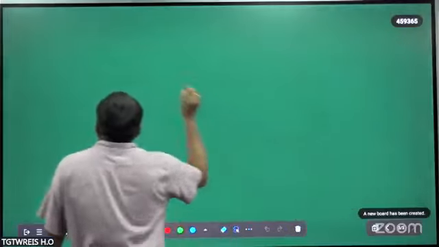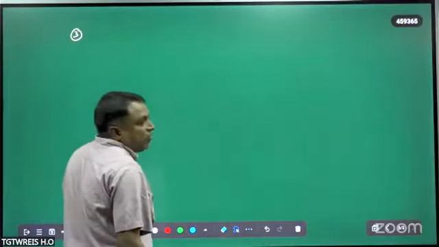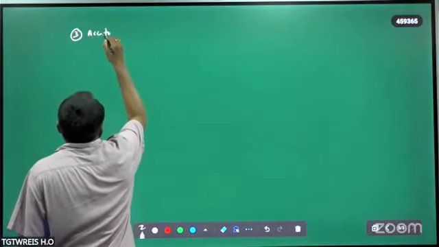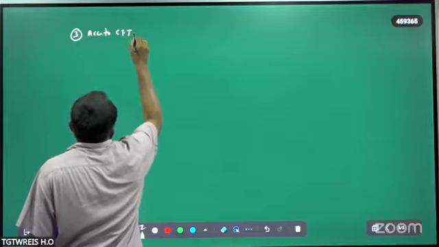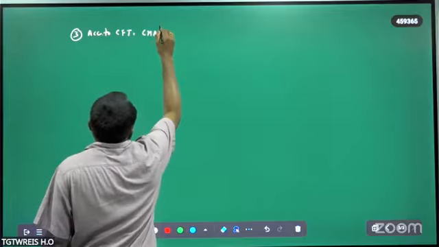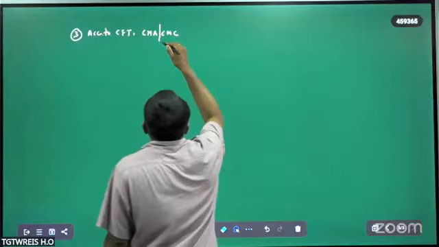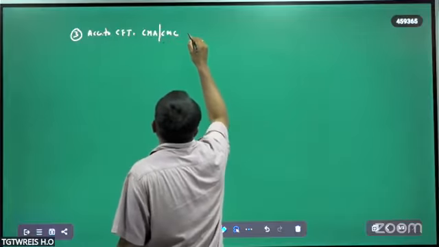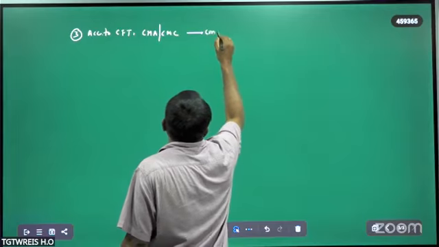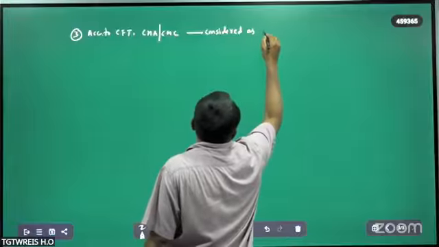And the third assumption made by the crystal field theory is, according to crystal field theory, central metal atoms or central metal cations are considered as cations.